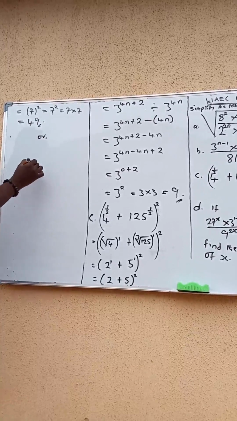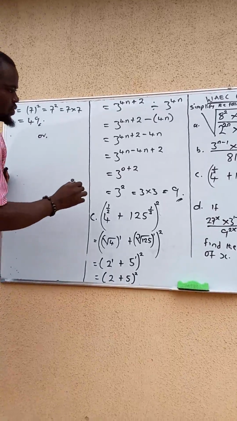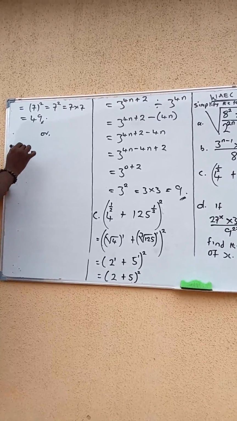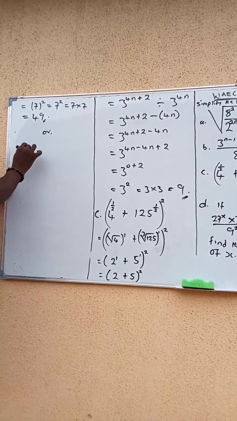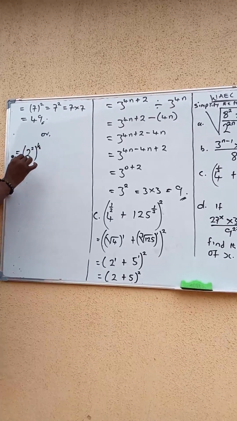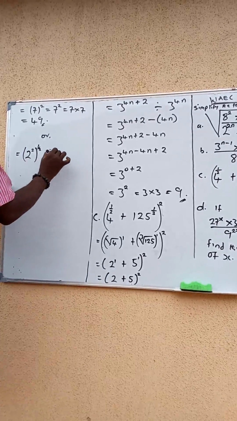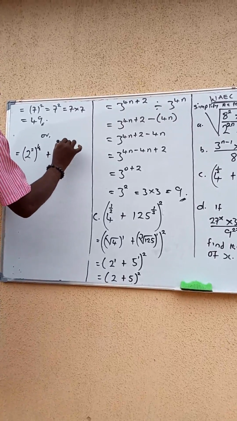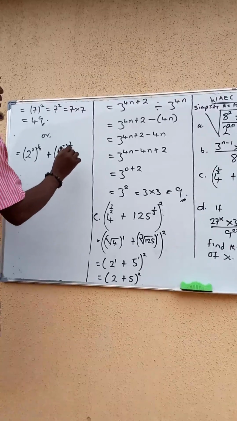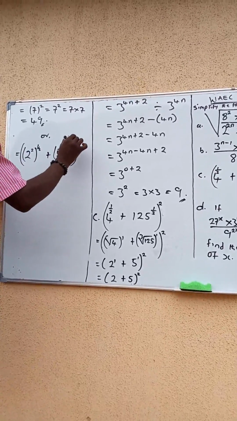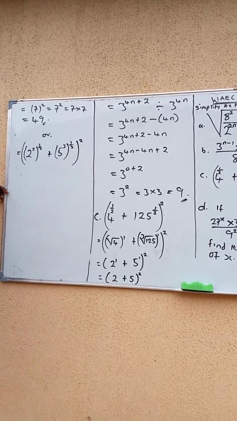Or, now look at it. From that place, I can say that it's equal to 2 raised to the power of 2, all raised to the power of half, plus 5 raised to the power of 3, all raised to the power of 1 over 3, and all these will be equal to raised to the power of 2.